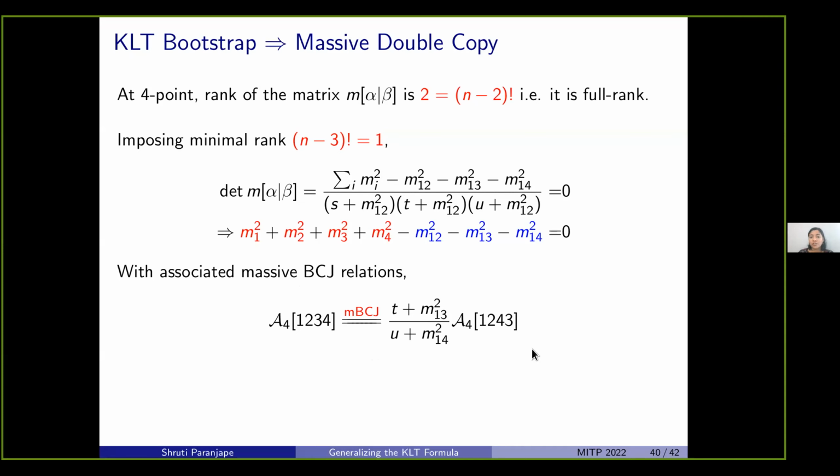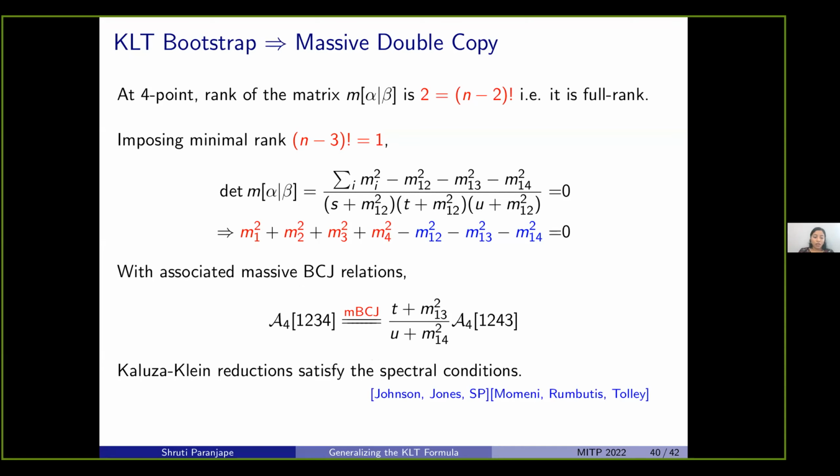Though we didn't realize it at the time, this is the same exact procedure where you start with this identity element and modify it to get a modified double copy. And I'd just like to mention that such spectral conditions have been seen to be satisfied by Kaluza-Klein reductions. And this was explored more in a nice paper by Momeni, Rubutis, and Tolly.